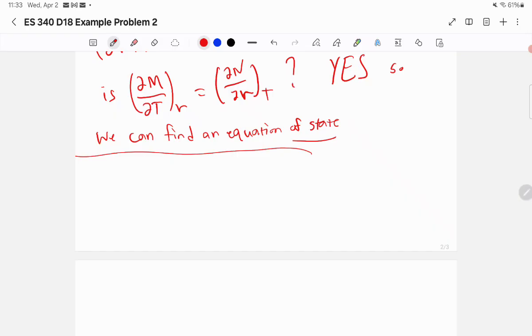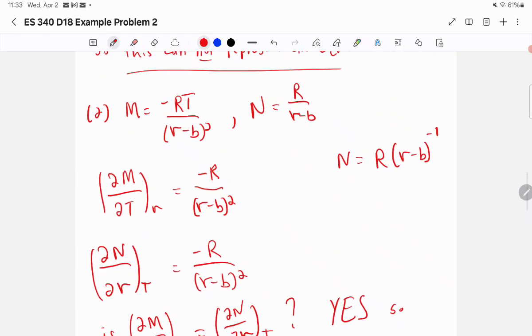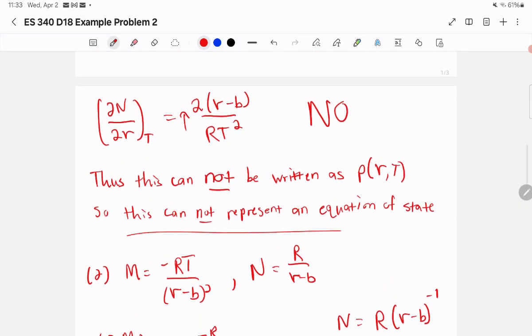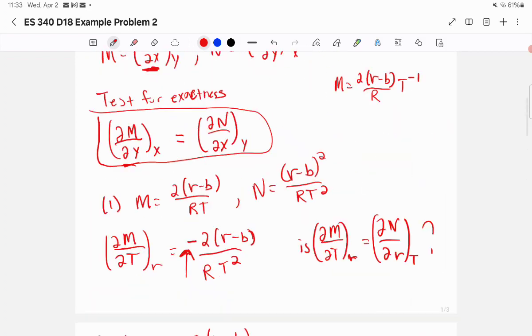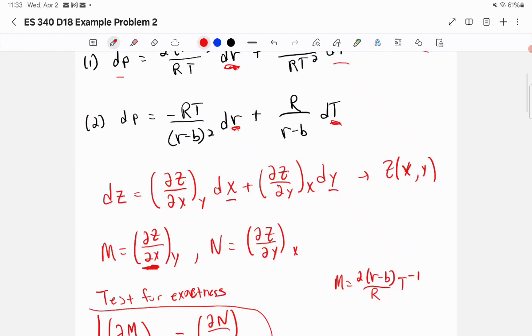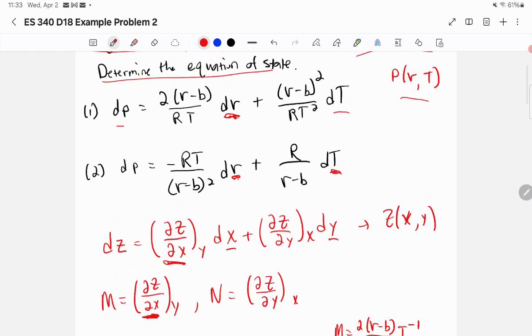So I'm going to rewrite this then as dP. That's going to be equal to dP/dV, because that's exactly what M was, going back up and mapping it back to the Z part.